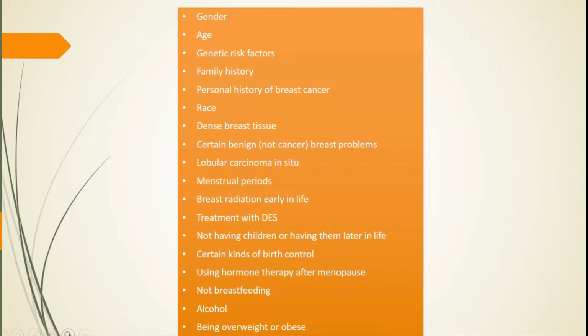So these are the risks, and on the next slide I have definitions for these: gender, age, genetic risk factors, family history, personal history of breast cancer, race, dense breast tissue, certain benign, not cancer of the breast problems, lobular carcinoma in situ, menstrual periods, breast radiation early in life, treatment with the drug DES, not having children or having children later in life, certain kinds of birth control, using hormone therapy after menopause, not breastfeeding, alcohol, and being overweight or obese.